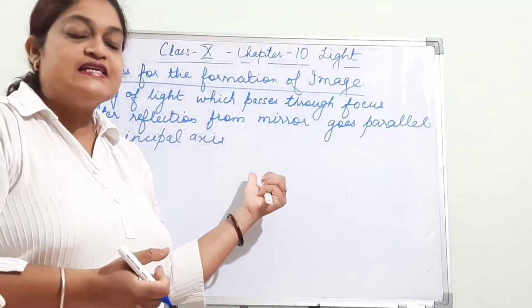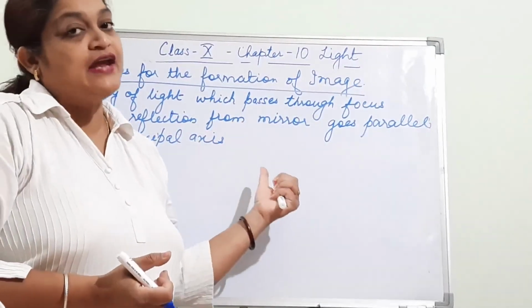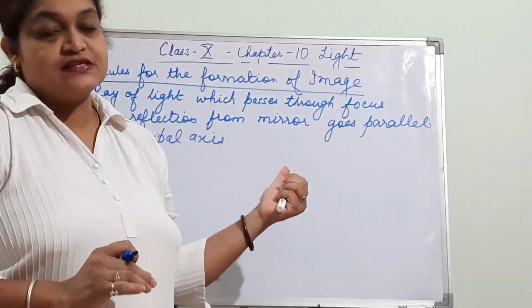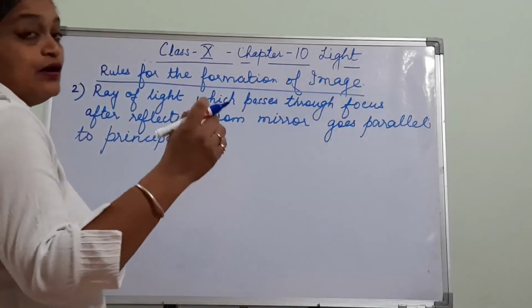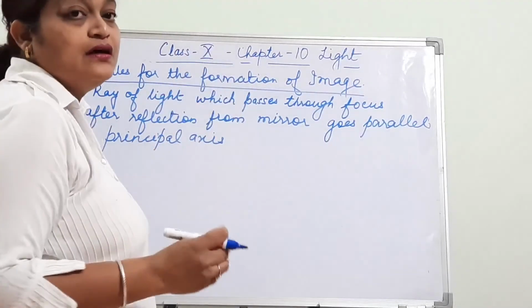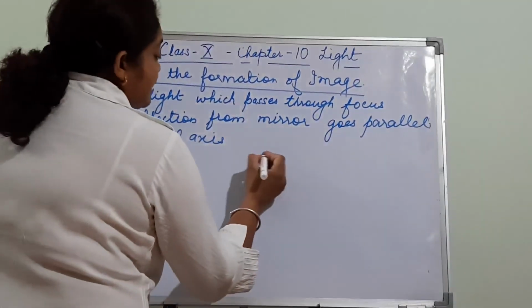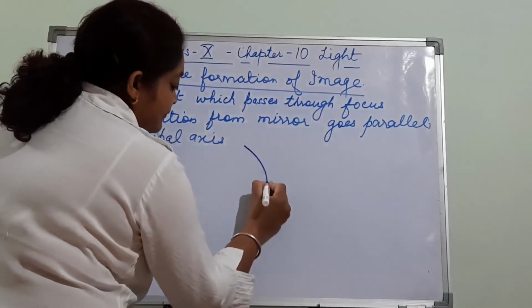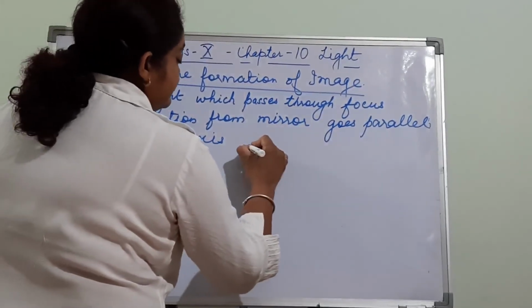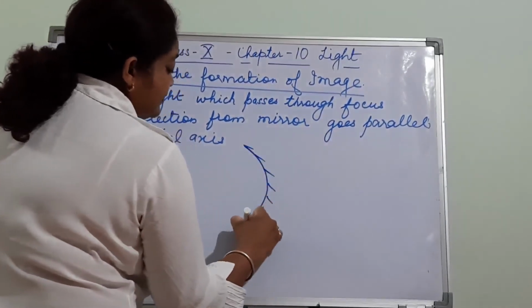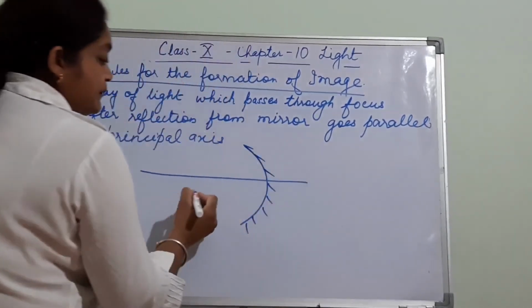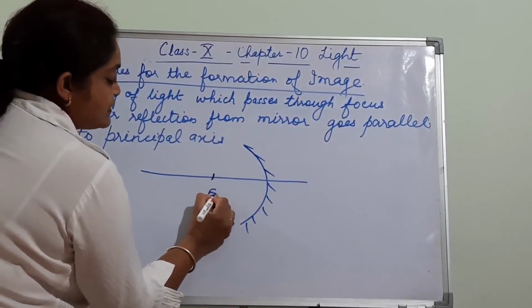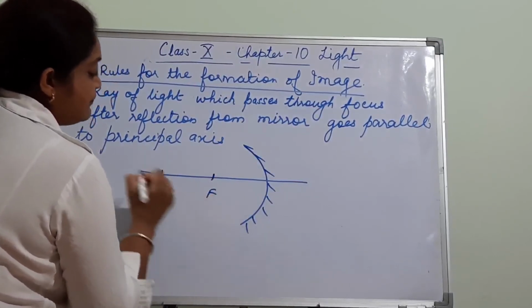Now in this case we will take a ray which passes through focus, and after reflection it will pass parallel to the principal axis. Let us see first for the concave mirror. This is a concave mirror. Principal axis, focus, this is center of curvature.